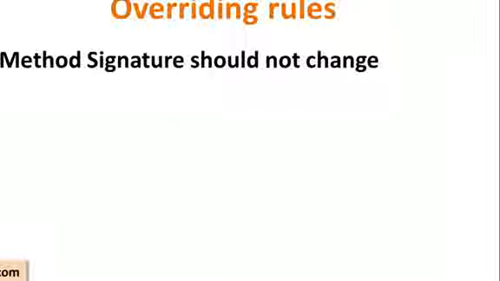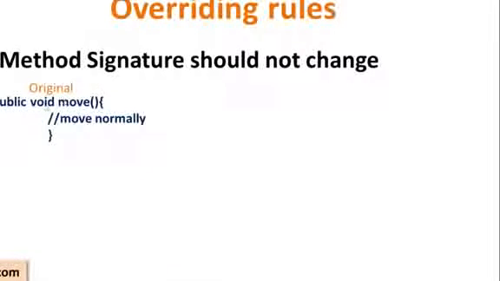Please remember, the method signature should not change. So when I say method signature, this part is called method signature. The return type and the name and the arguments part I call method signature.